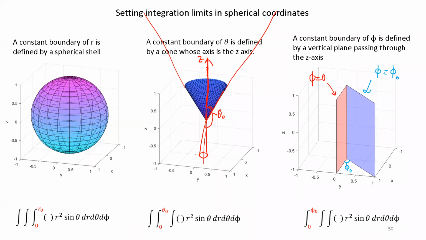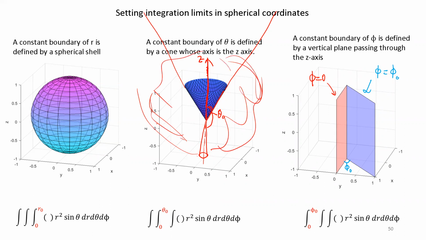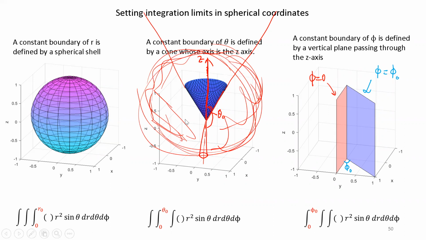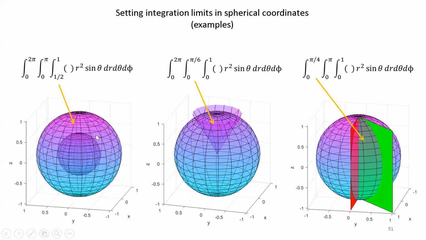Then you draw a cone like this, and any region up here is your integration limit. If theta is exactly pi, then you are considering the entire region here. So if you want to integrate the entire sphere region, theta has to go from 0 to pi.